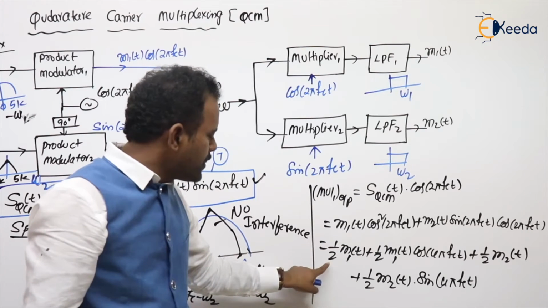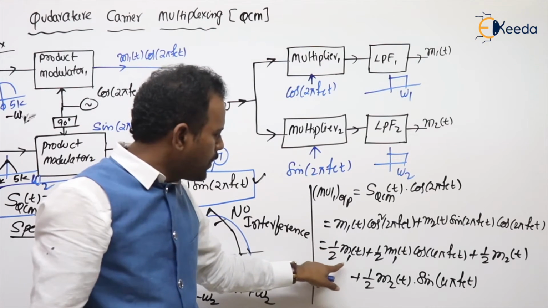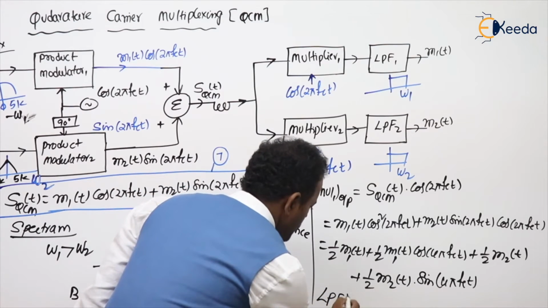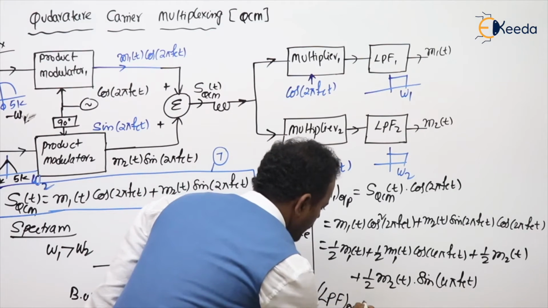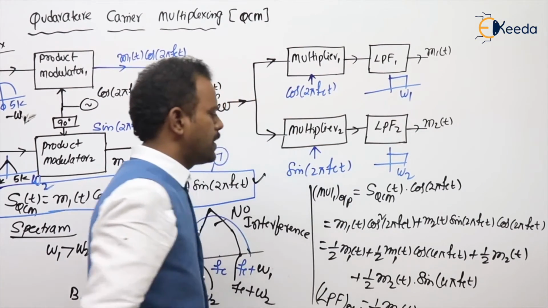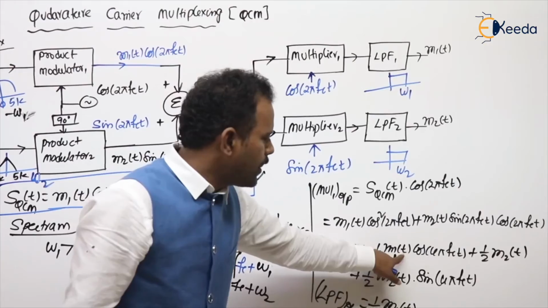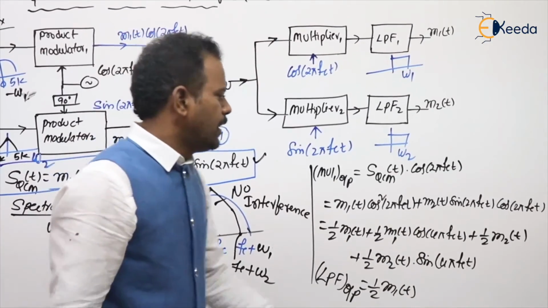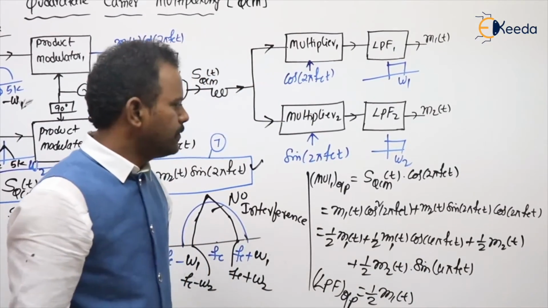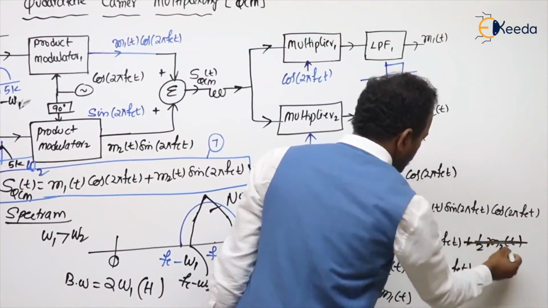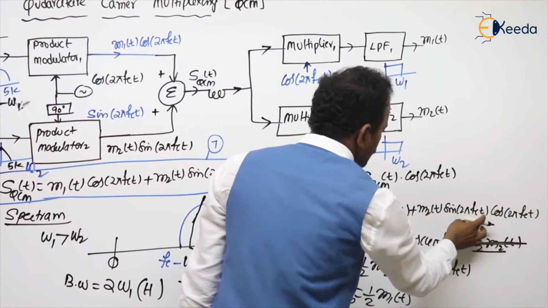If you see the first term, 1 by 2 into m1 of t, the low pass filter output passes it. The second term, m1 multiplying with 2fc, is a high frequency and is blocked. Next one, sorry, I wrote an extra term, this term is not there actually. What is the sin A cos A formula?